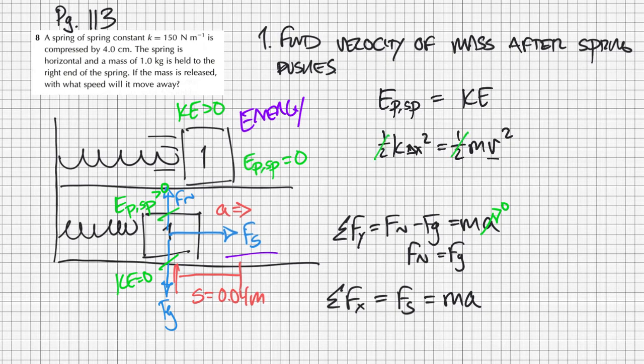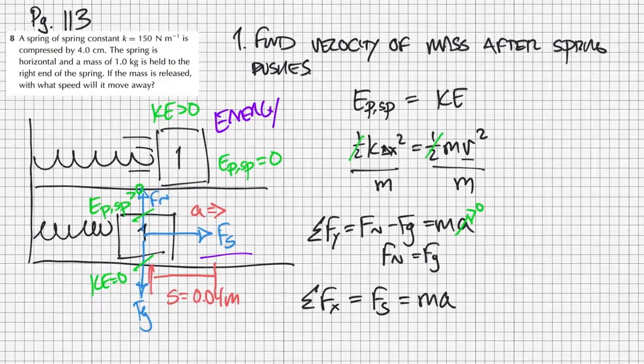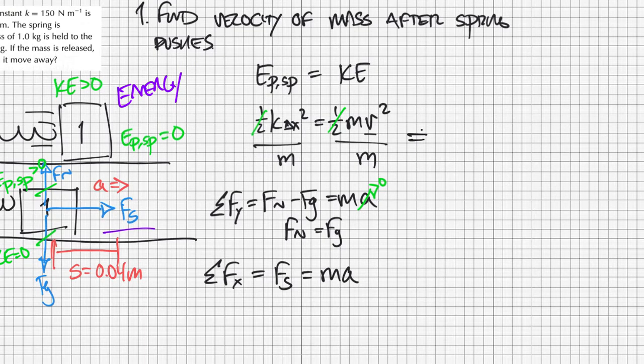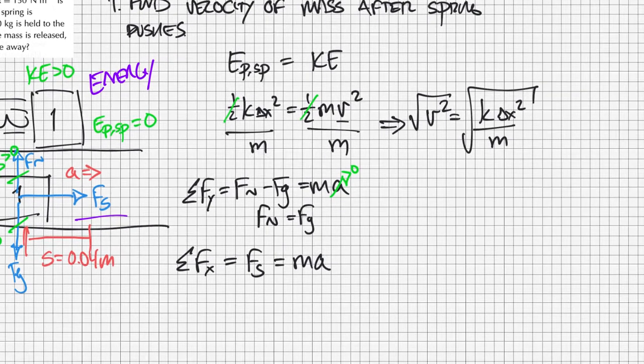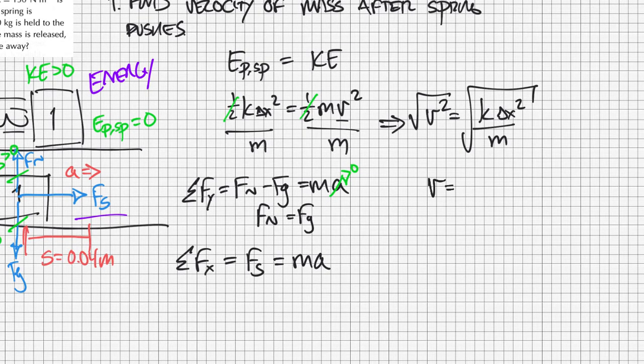And I'm solving for v, so I'm going to divide each side by mass. And what I would get is that v squared equals k delta x squared over m. And then I just need to square root both sides. And I'd be left with the velocity equal to the square root of k delta x.